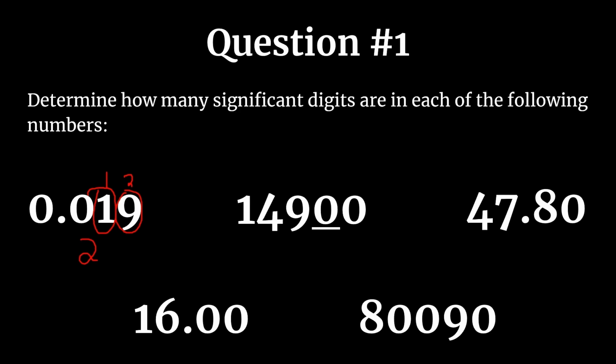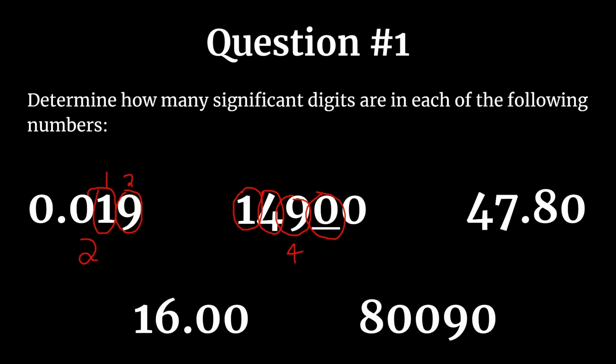Here we have 14,900. Now, because these are trailing zeros with no decimal point, but this zero is underlined, now we have 1, 2, 3, and then 4 significant digits. Here we have 47.80.